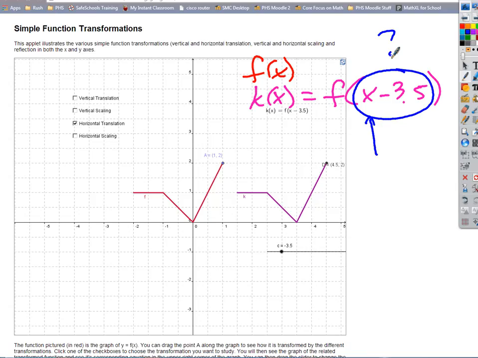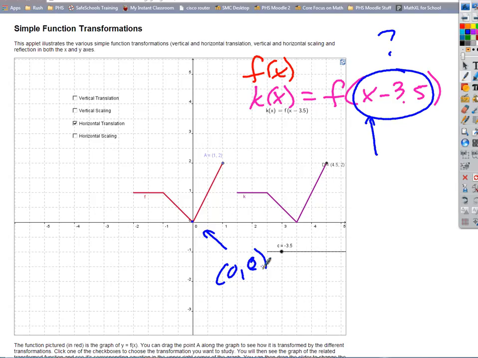Well, if my goal is to slide the whole thing to the right by 3.5, we know that the red function, f of x, when I feed it a value of 0, is going to make that point right there. Would you agree that the coordinates of that point are 0, 0? So if I want to take the same shape of the graph, but just slide it to the right by 3.5, I'm going to call that k of x.